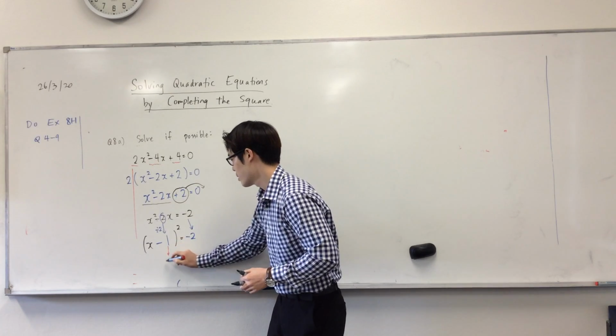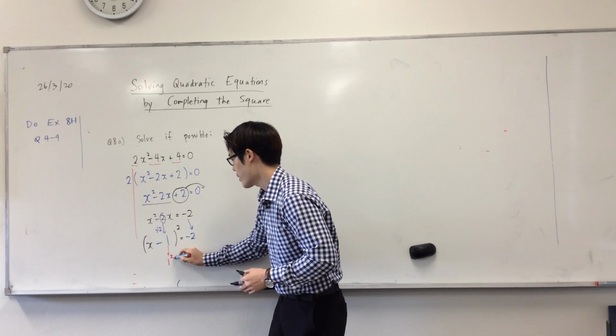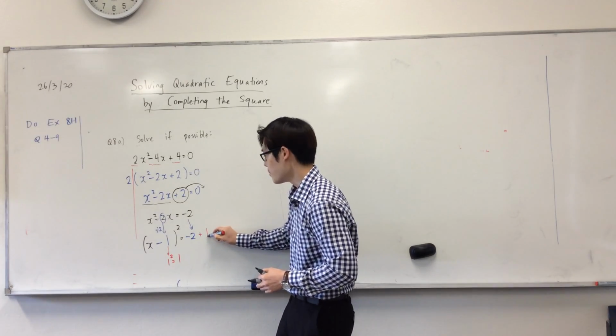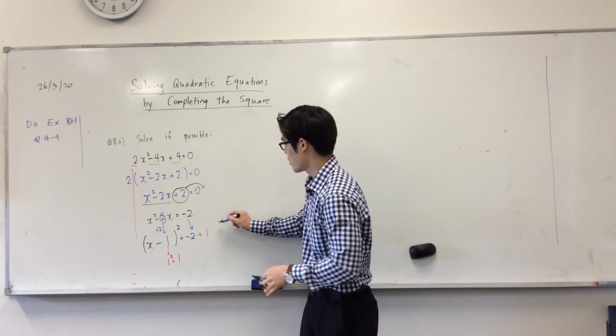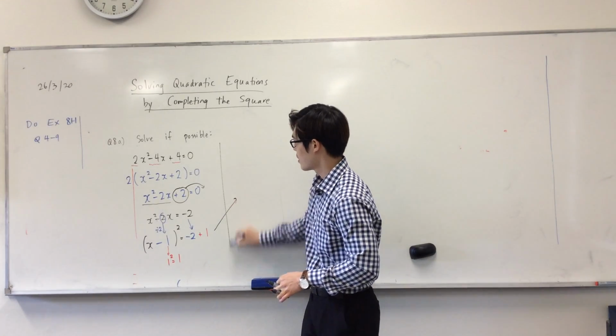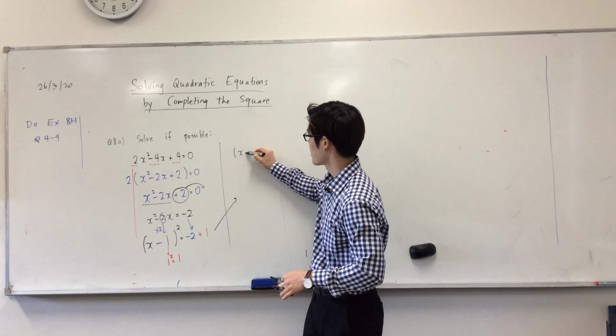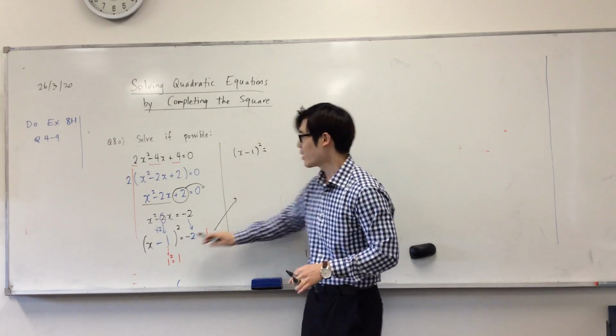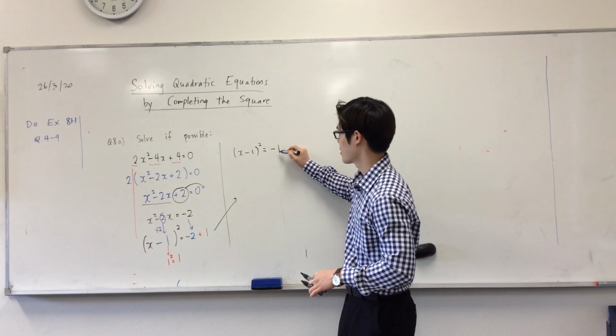Get the number 1, so if I square that, that's just 1, which we're adding next to here. Now, let's rewrite all of this out and simplify and see what we get. What we have is bracket x minus 1 squared equals minus 2 plus 1, that's minus 1.